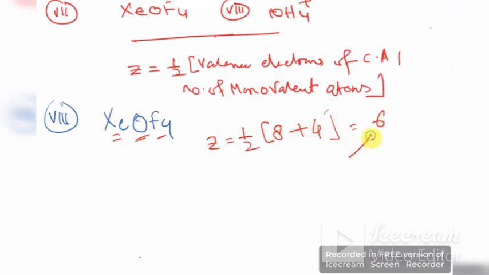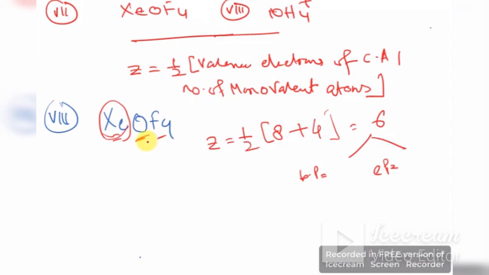Now we have to see the bond pairs as well as lone pairs. For bond pairs, see how many bonded atoms are attached to the central atom. The central atom is xenon. How many bonded atoms? 4 plus 1. Oxygen may be divalent, trivalent, or monovalent, but do not look at that.